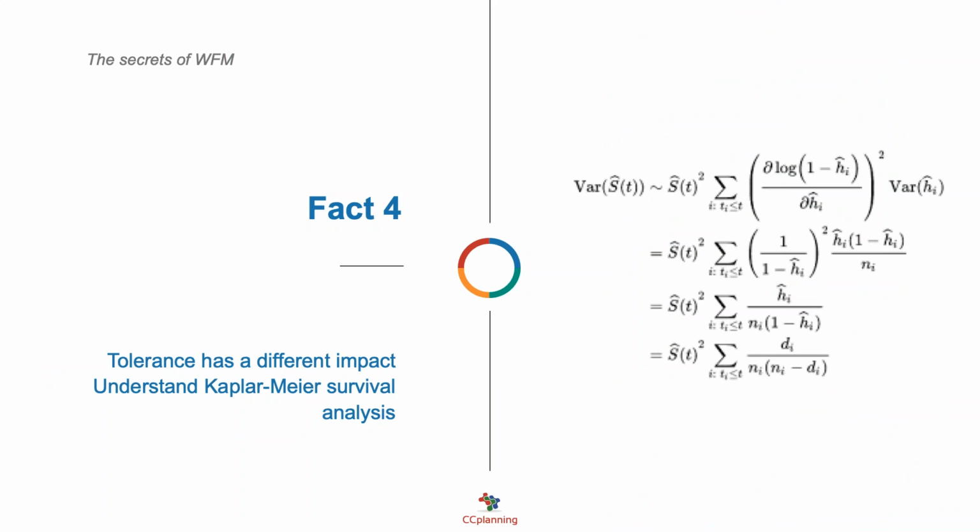Moving on, and maybe tying in with Jonty's Erlang A example, tolerance does have a very different impact. And on the whole, tolerance or patience, just different words for the same thing. Kaplan-Meier have done a lot of analysis around survival analysis and the chances of people still being around. If you Google it, you do see a lot of medical stuff and survival in the terminal illness concept, but it actually applies when looking at some of the inputs going into it.